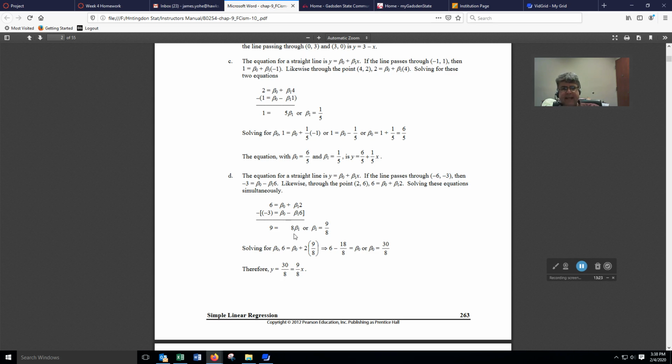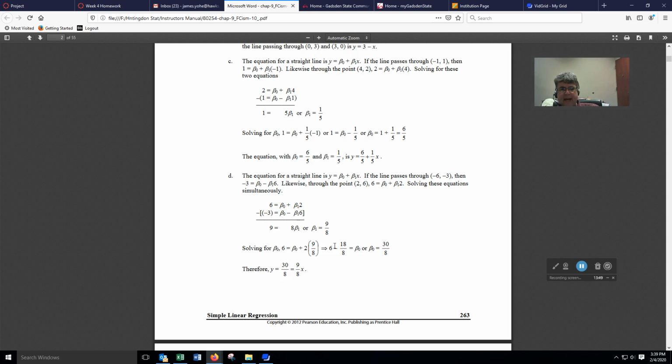So that becomes 8 times beta 1. So 9 is equal to 8 times beta 1. We then divide both sides by 8 to solve for beta 1, and flip the equation around just so beta 1's first, to make it look nice. Beta 1 is equal to 9/8, because we divided both sides by 8 here.